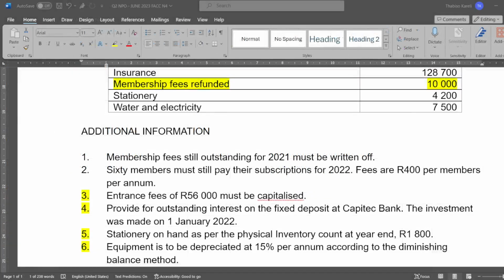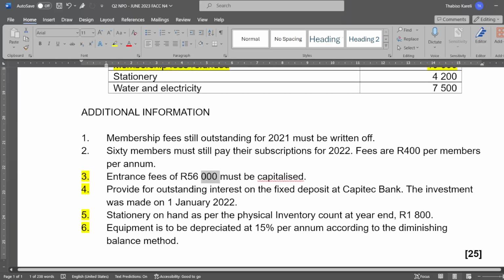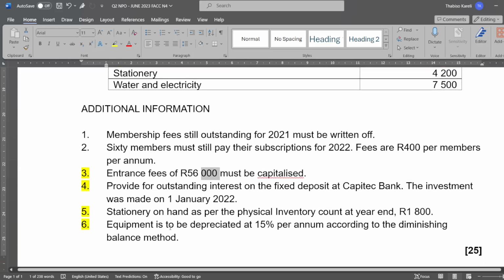Then on our question paper, we go to additional information number 6. That is for depreciation. Equipment to be depreciated at 15% per annum according to the diminishing balance method. On the first module, you were taught how to calculate the depreciation.